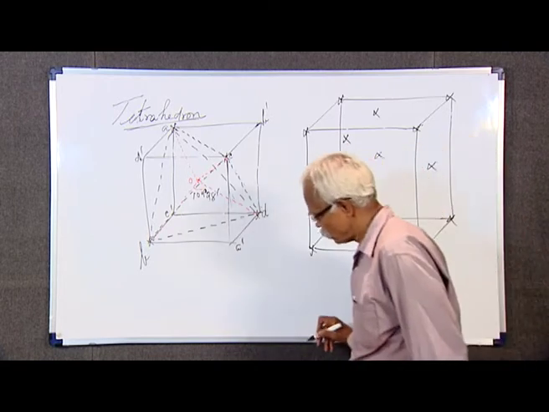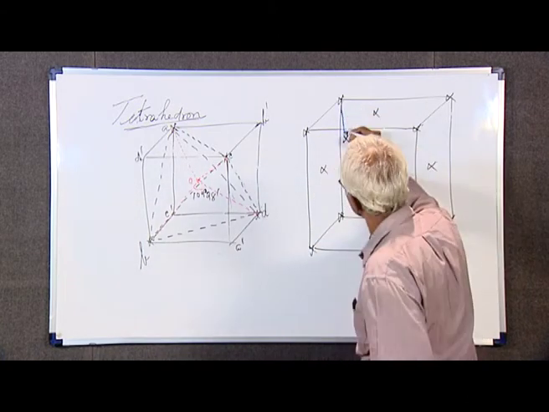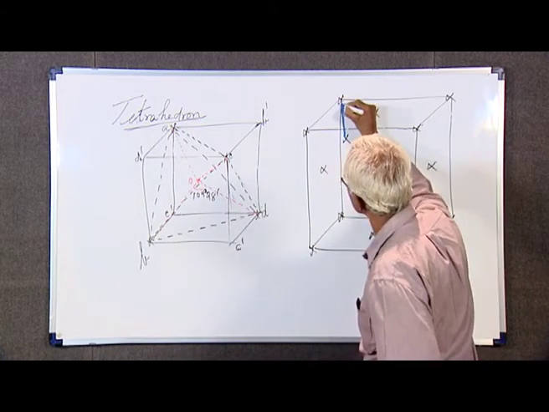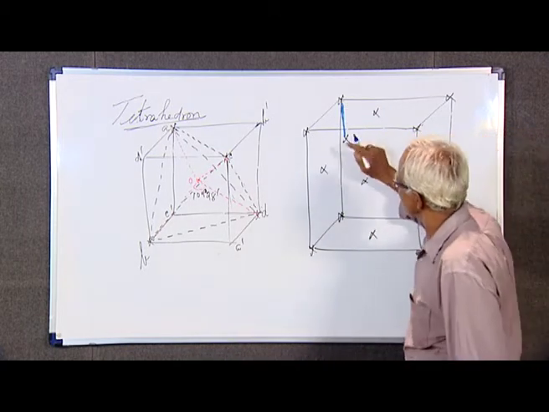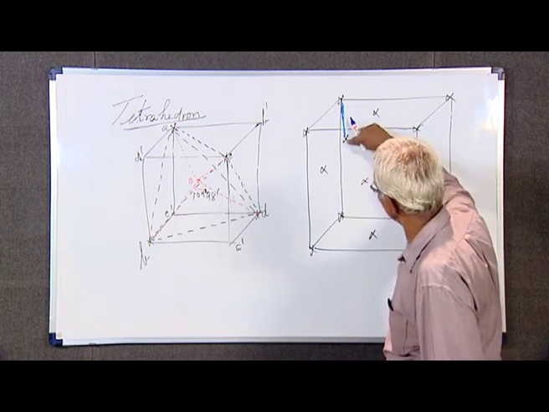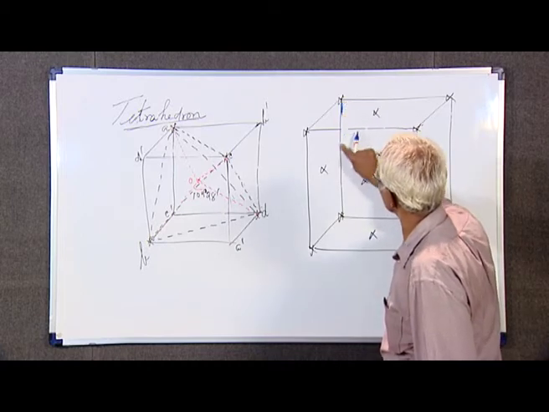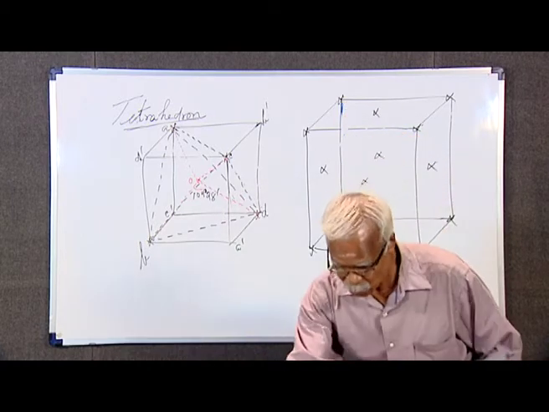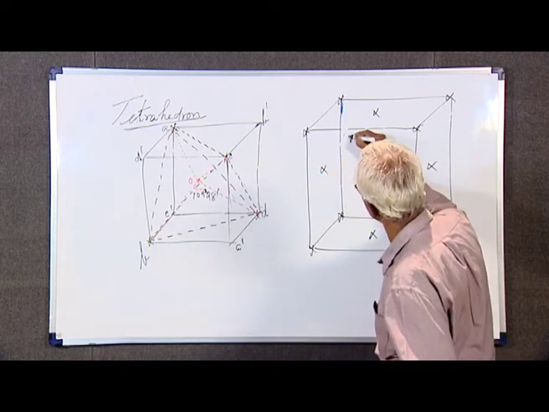Now, join this. This is a unique orientation, along the body diagonal.